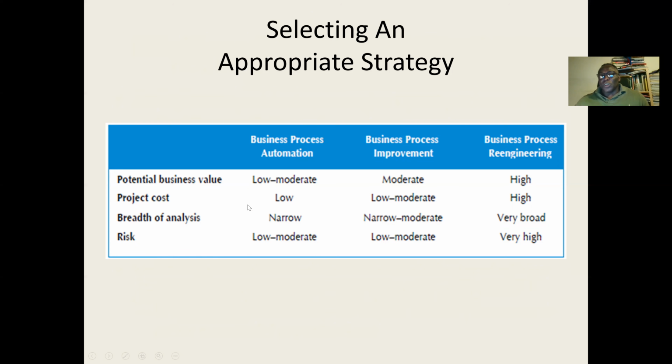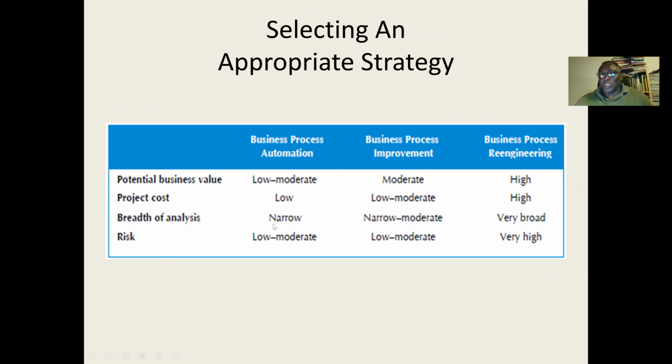The project cost, of course, for the first two will be low because here we spend less time on the new system, more time on the current system, moderate time on the current system. But in business process reengineering, we spend less time on the current system, more time on building the new system. So project costs will be very high. The breadth of analysis is also very broad with business process reengineering.